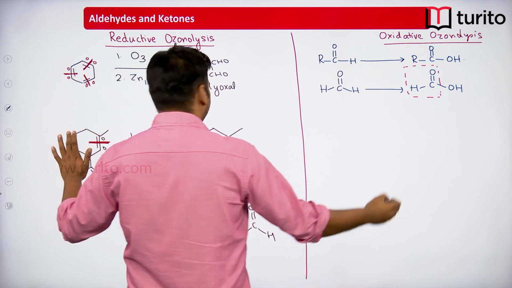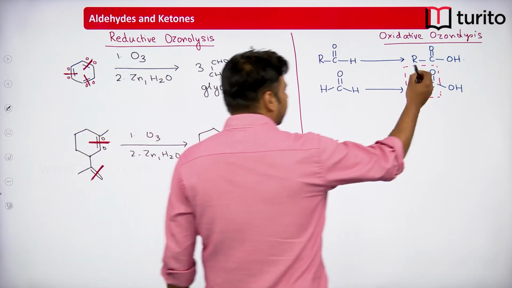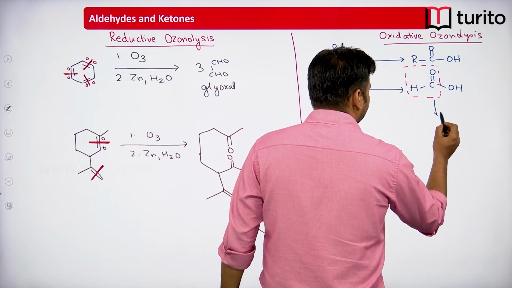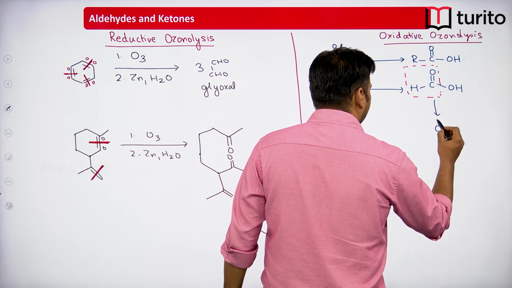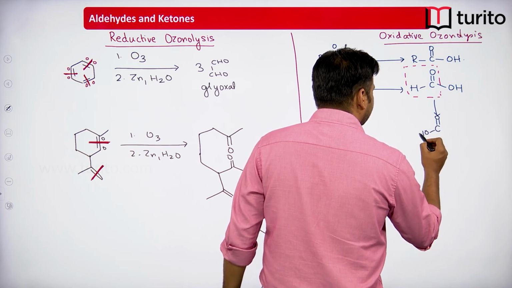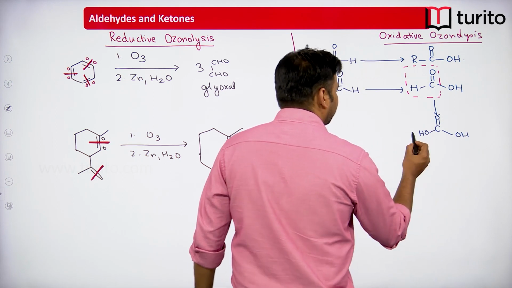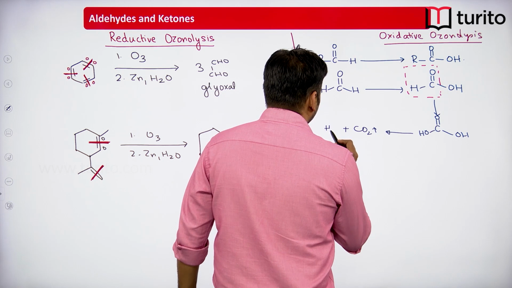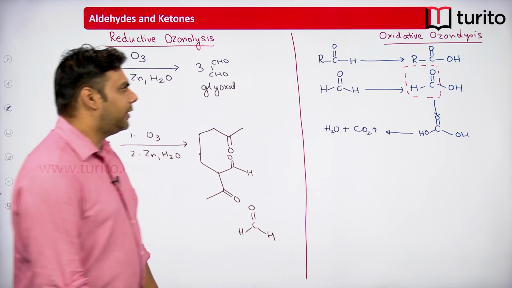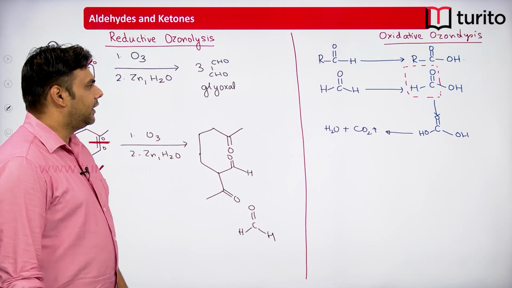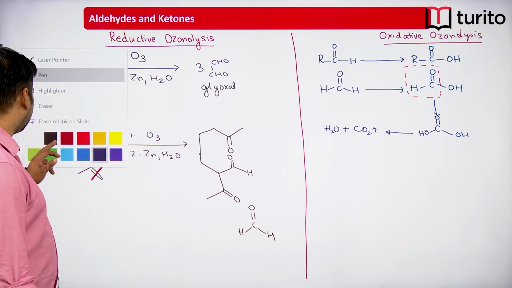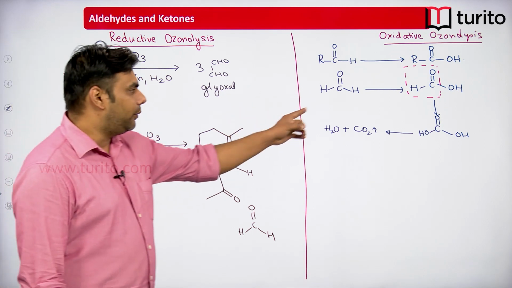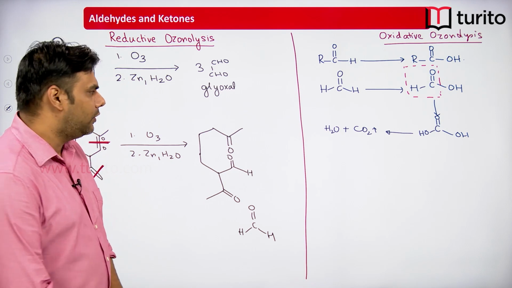So in this case again, this particular segment will also undergo oxidation. So again it will form a carbonic acid. Carbonic acids are highly unstable, it will change into CO2 and water. So you have to remember this point: in oxidative ozonolysis, if any aldehydes are formed, they will be oxidized into acids. If formaldehyde is formed, it will be oxidized into CO2.